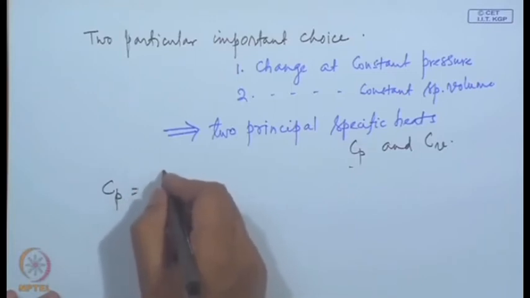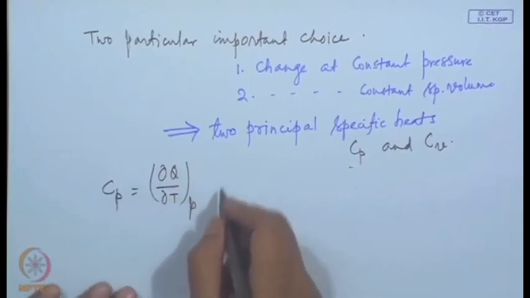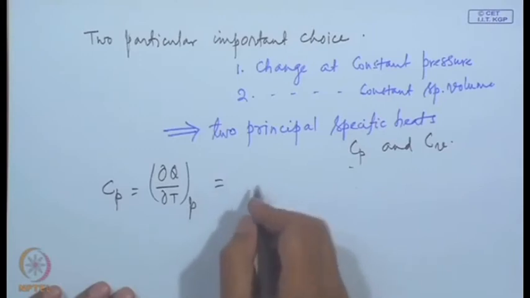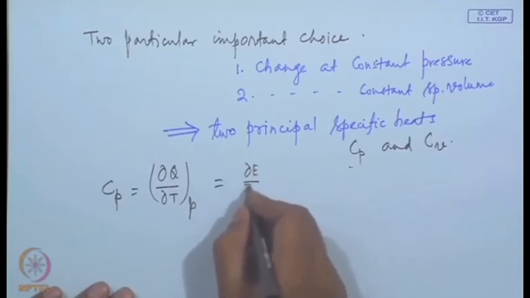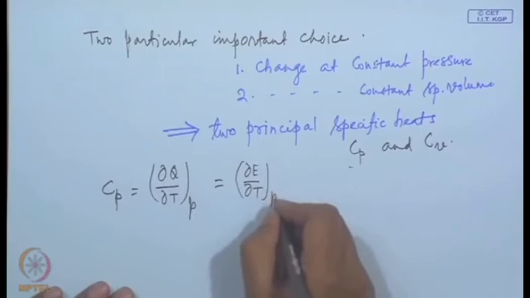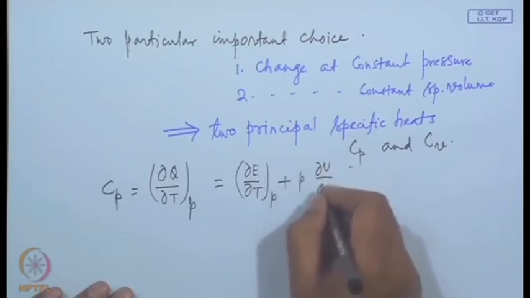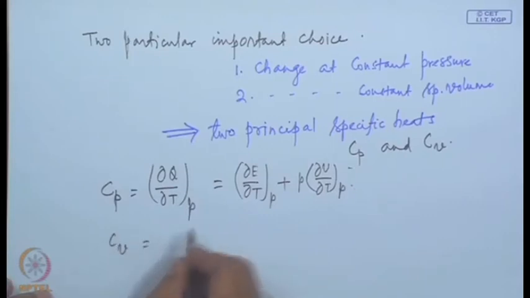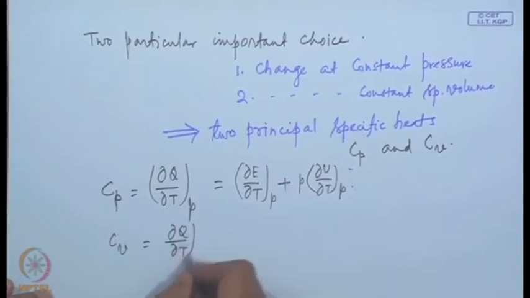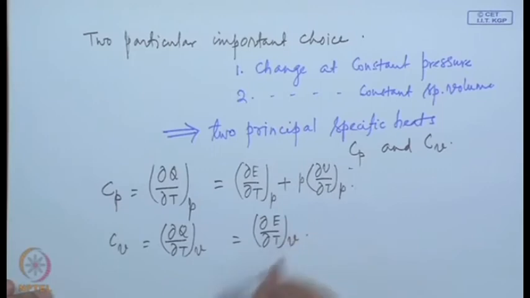That is, Cp is dQ/dT at constant pressure, which from the earlier equation can be written as dE/dT at constant pressure plus P dV/dT at constant pressure, and Cv is dQ/dT at constant volume, which is simply dE/dT at constant volume.